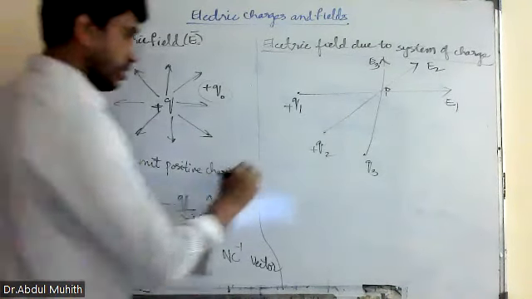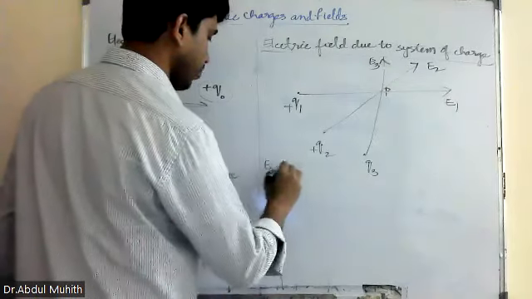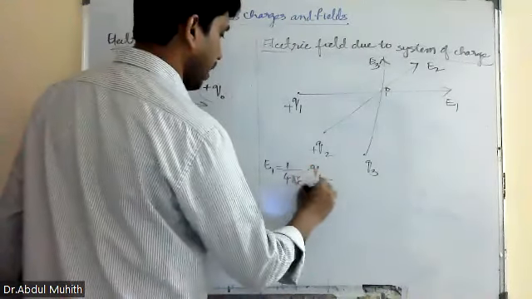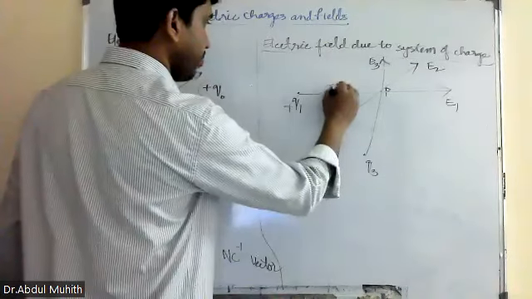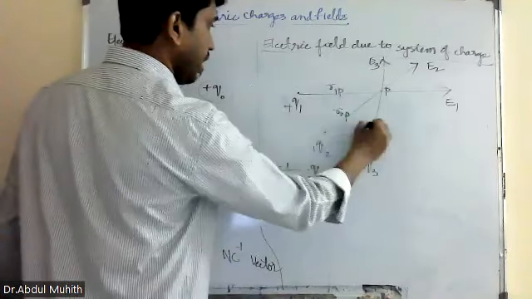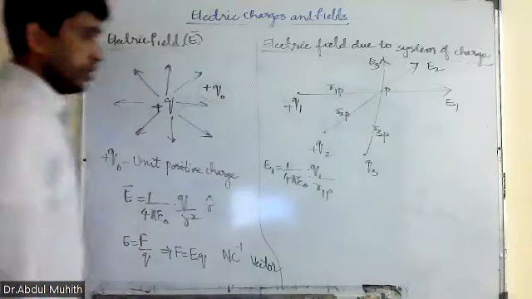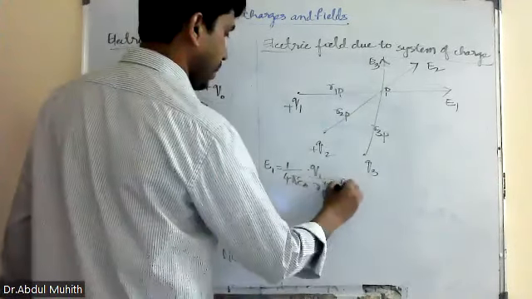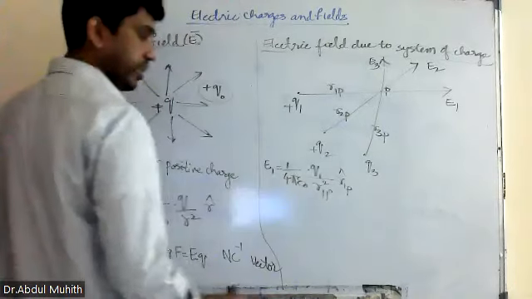What is the formula of E1? E1 is equal to 1 by 4 pi epsilon 0 into Q1 by R1P square into R1P cap, because it's a vector quantity.